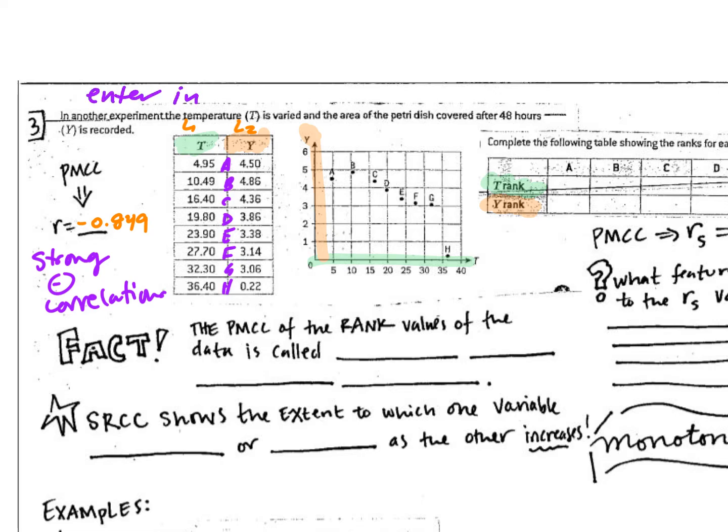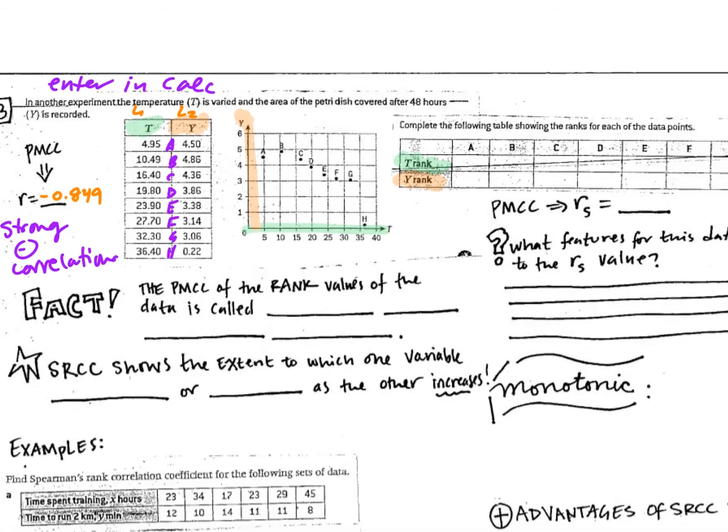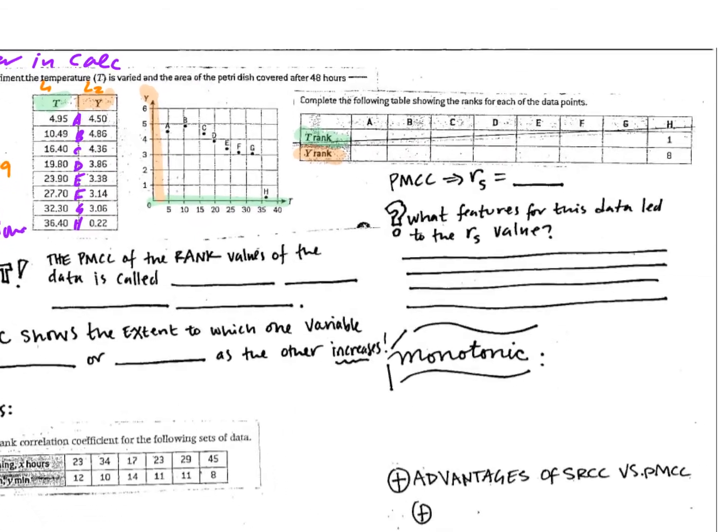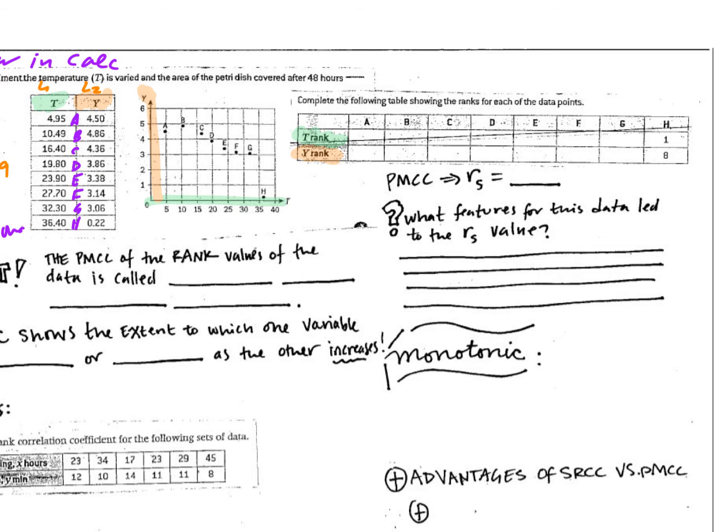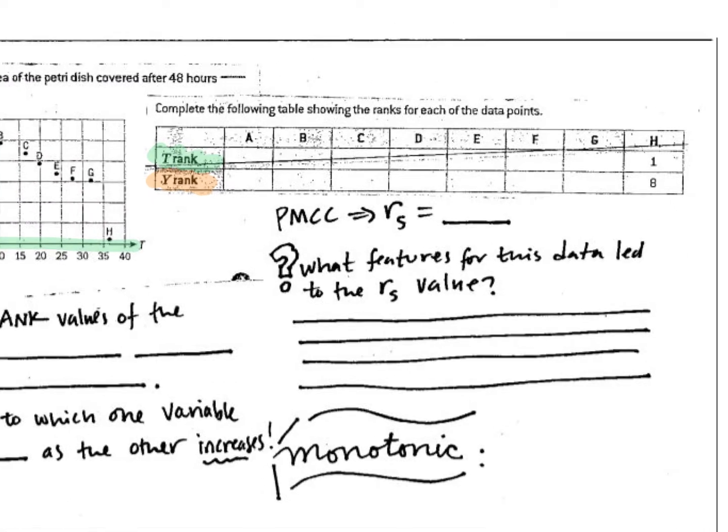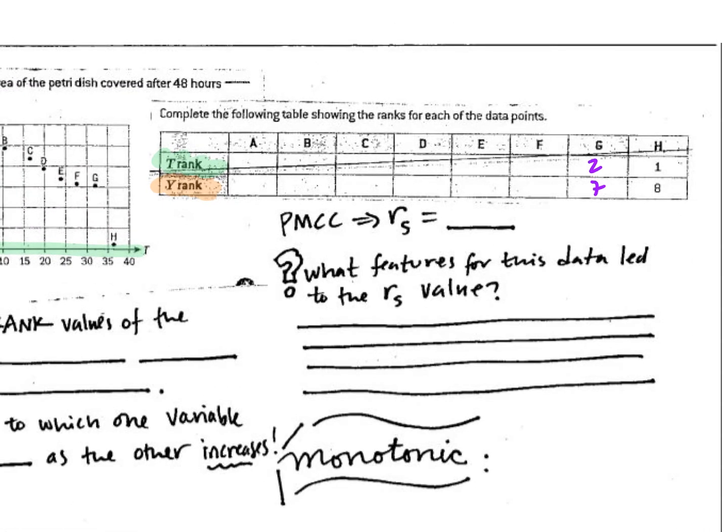Enter in calc. Okay. So when I rank them, it gives you 1 and 8 for H. So again, it's telling you that T is the first, so it's the highest. And then your Y value is 8th, so it's the lowest. So this one's not going to match up. So I'm going to zoom in. Here's what I got. Again, if I made an error, please advise the class. 5 and 3, 6 and 5, 7 and 1.